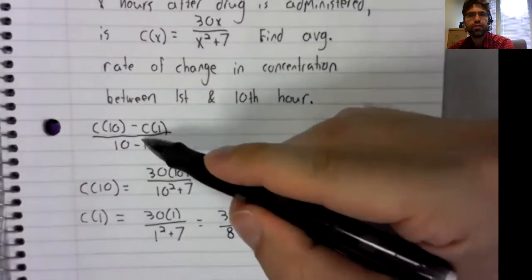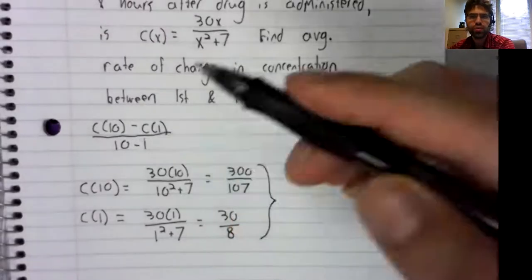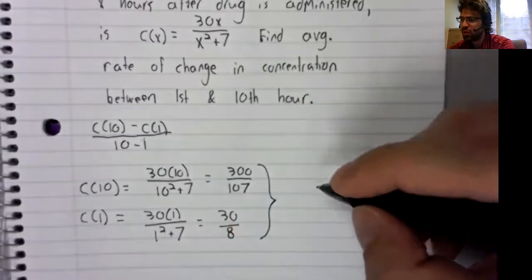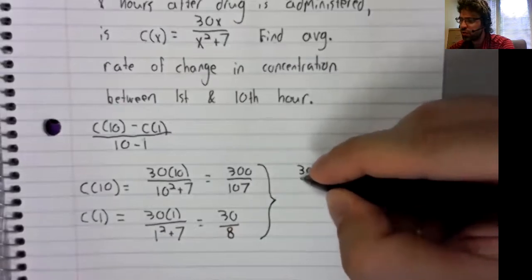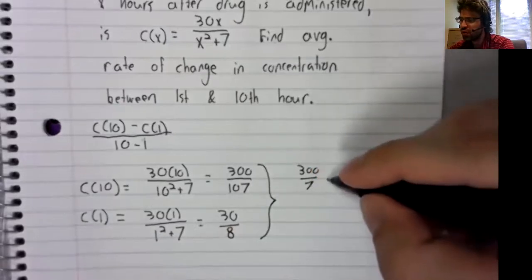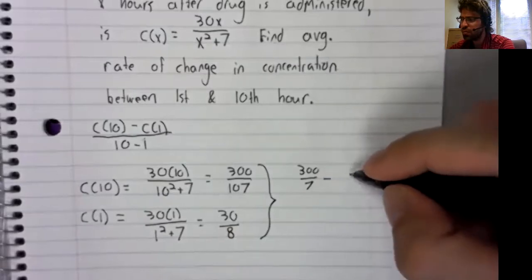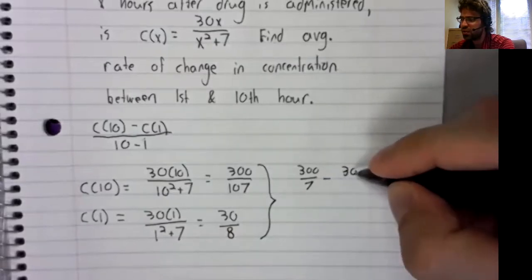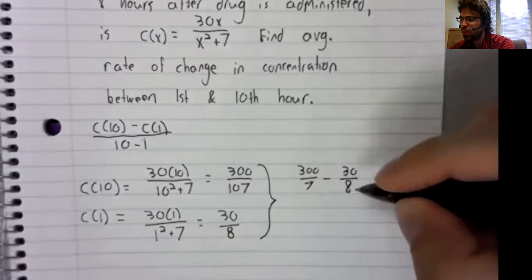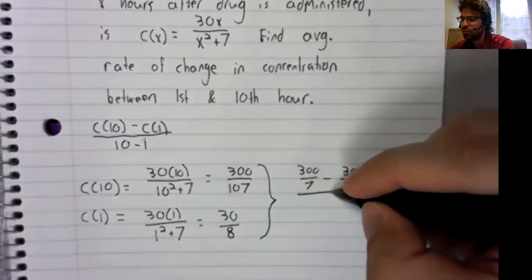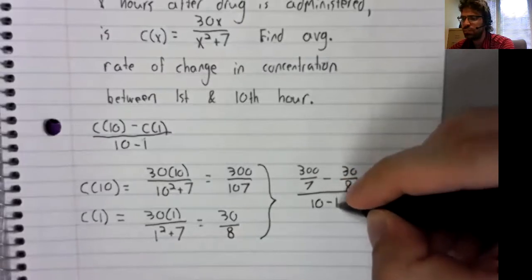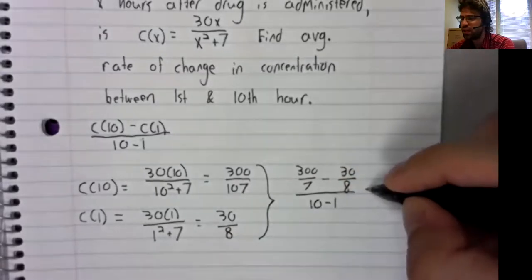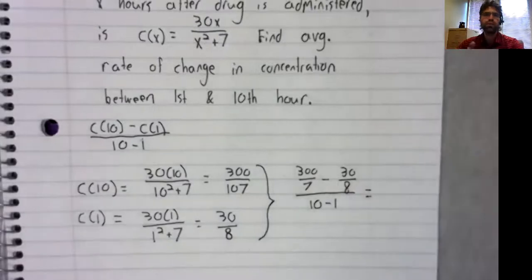So the average rate of change formula: C of 10, 300 over 7, minus C of 1, all divided by 10 minus 1.